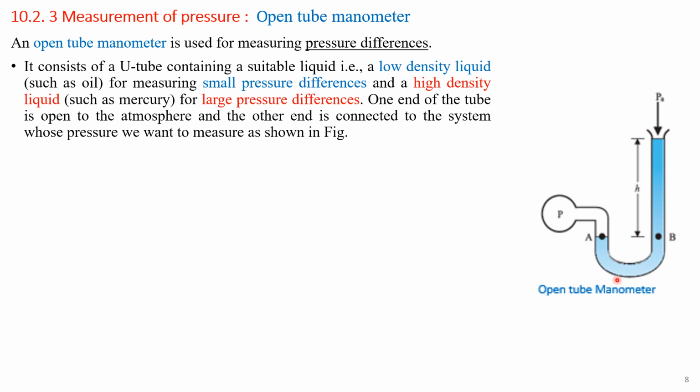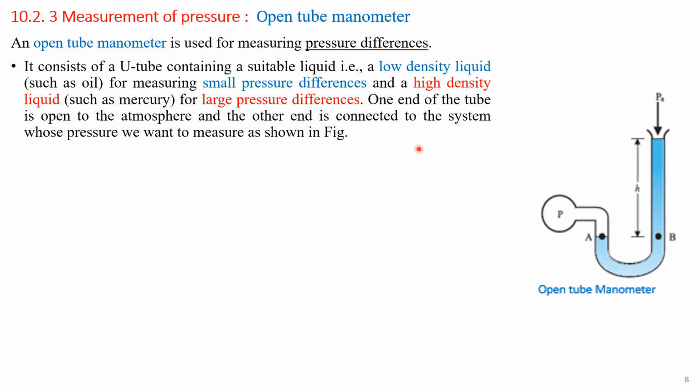The instrument consists of a U-tube containing a suitable liquid. A liquid like oil is used for measuring small pressure differences, whereas a high density liquid such as mercury is used for measuring large pressure differences.